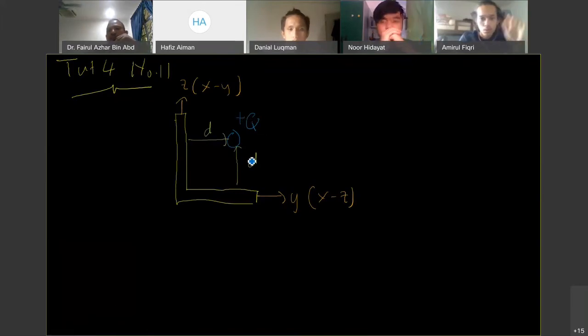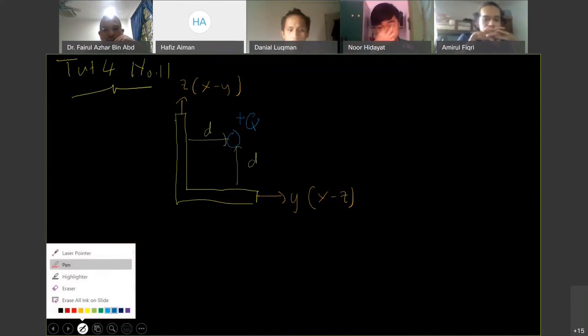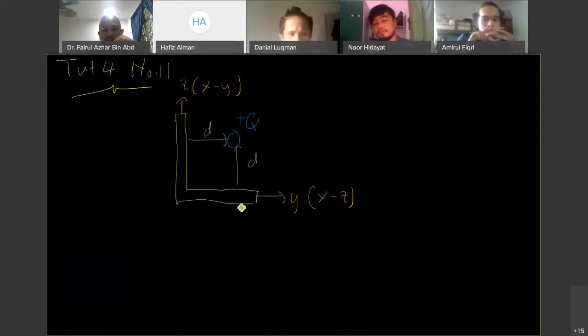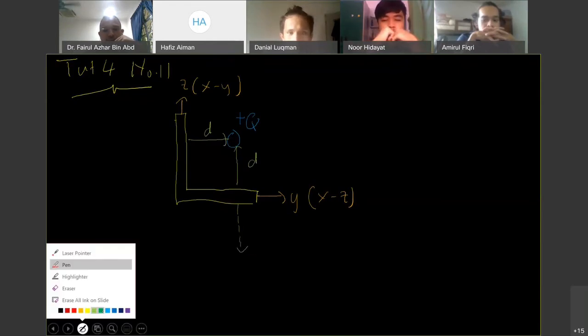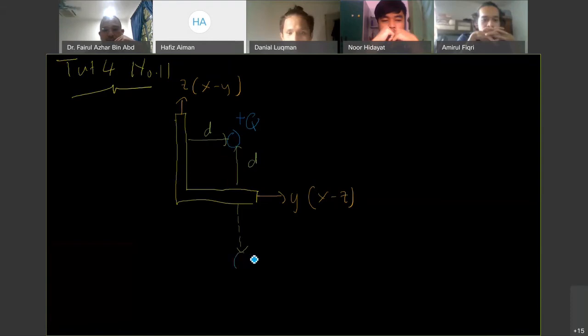In the image method, we need to create another charge with different polarity, but in the same direction. So in this case we will have another charge here, and the value of the charge will be minus Q. Then we will have the balance condition between this Q and this Q with respect to this plane.